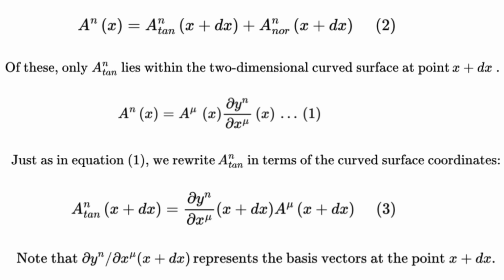Just as in equation 1, we rewrite a^n tangent in terms of the curved surface coordinates. Note that partial y^n over partial x^mu represents the basis vectors at the point x plus dx.